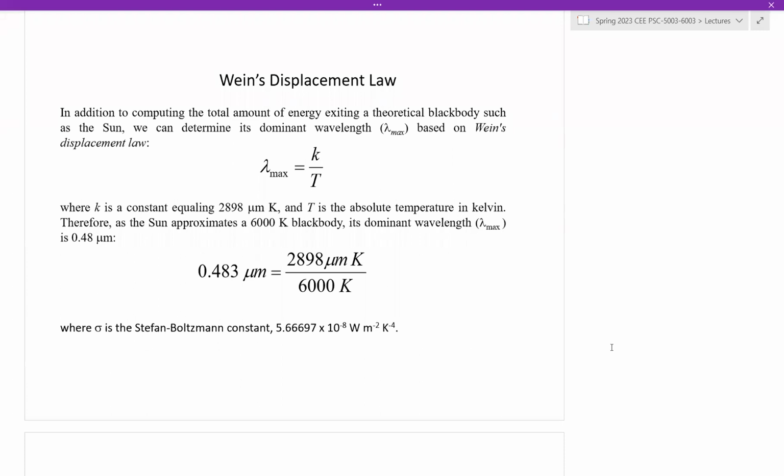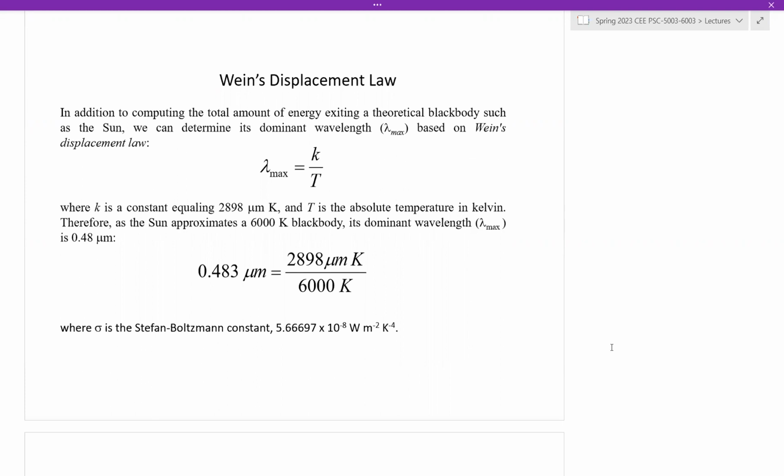It has a peak based on the temperature. The curve will look more like a semi-log curve, with higher values towards the shorter wavelength and a long tail.